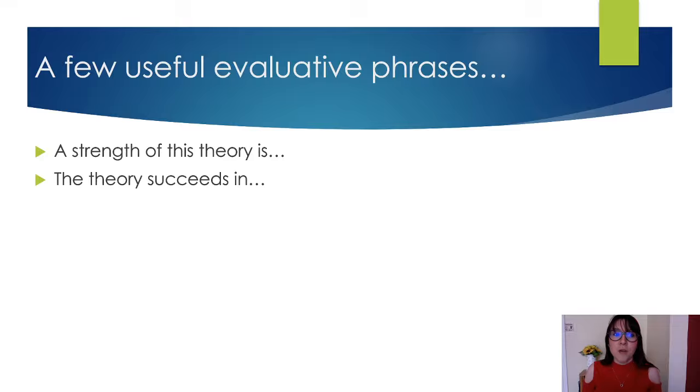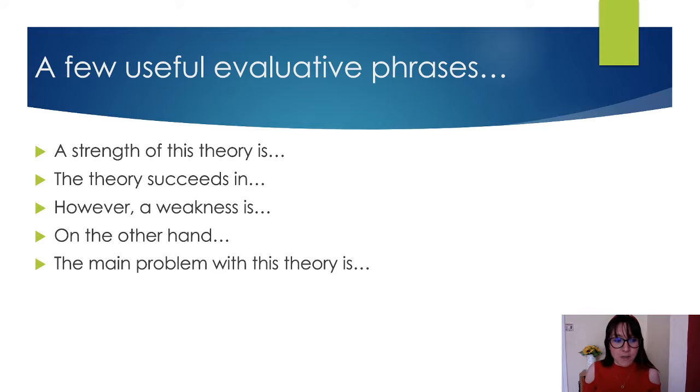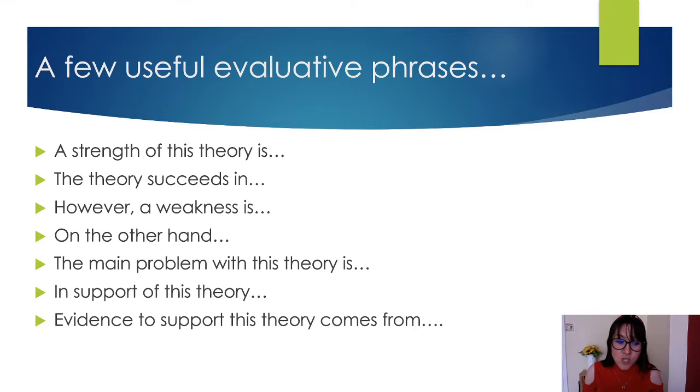So, a few statements or phrases that you might find useful. A strength of this theory is that the theory succeeds in. However, a weakness is, on the other hand, the main problem with this theory is, in support of this theory, evidence to support this theory comes from. So these are just some examples of evaluative phrases.